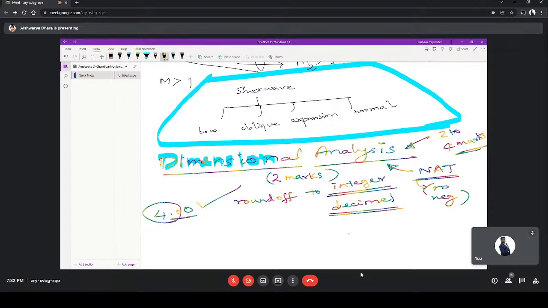Same thing if they ask to round off to integers: if you got an answer of 4.75, you write either 4 or 5. These are the things you have to keep in mind about the rounding off to integers part.